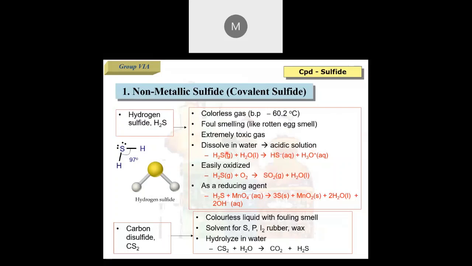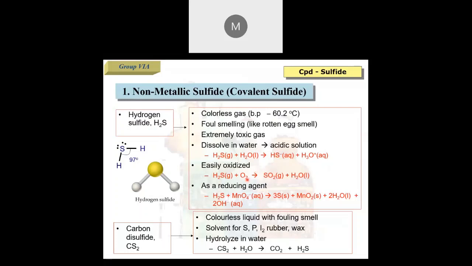You can find this hydrogen sulfide in volcanically active areas, and so it's very dangerous. You have to wear masks and goggles, because when it goes into your respiratory system, it can dissolve and form an acidic solution. So it is relatively corrosive. It can burn your eyes and your respiratory tract.